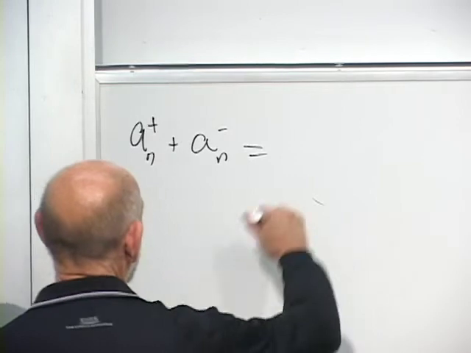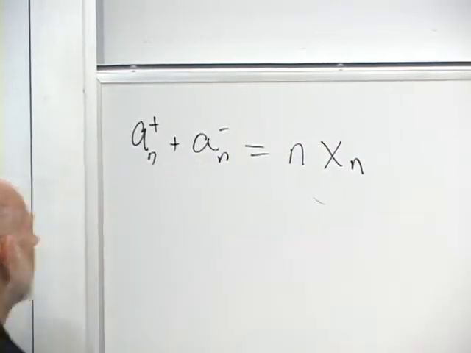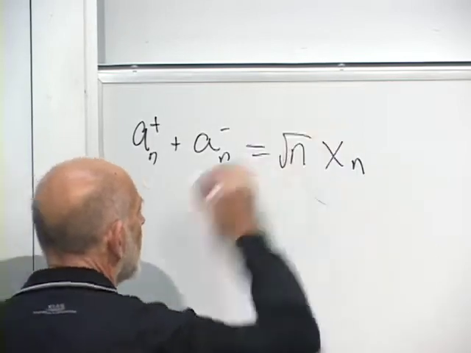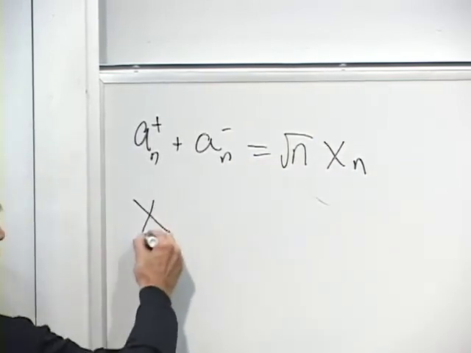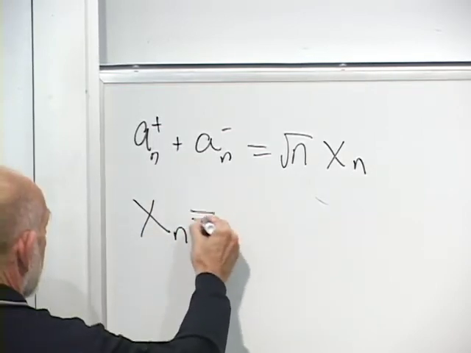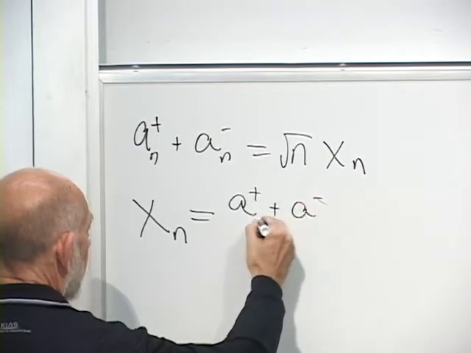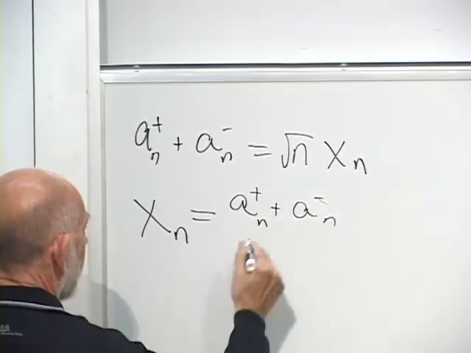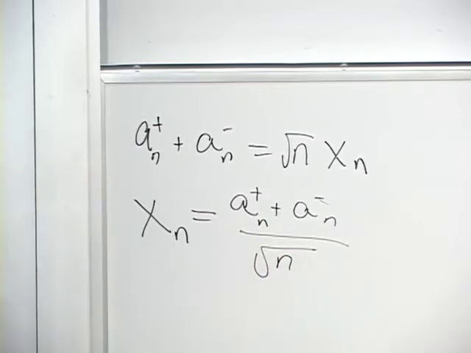So we simply find the nth coordinate is just the sum of creation and annihilation operators divided by square root of n. Real easy. It's just the square root of n that you've got to remember.